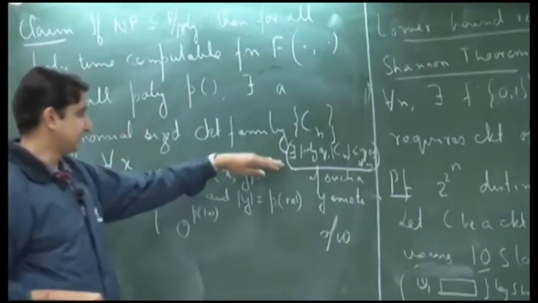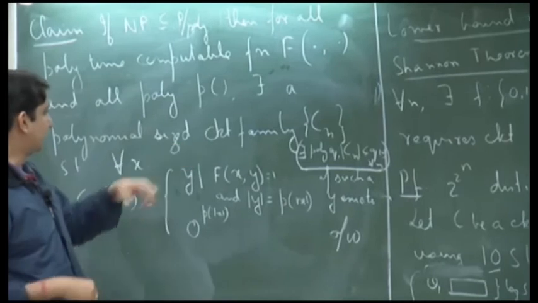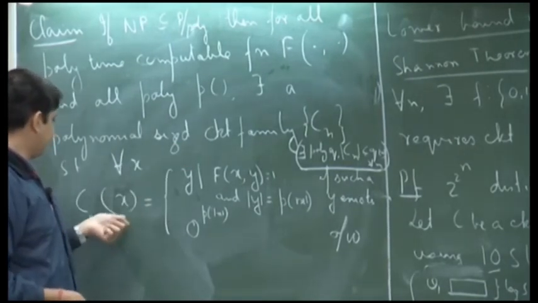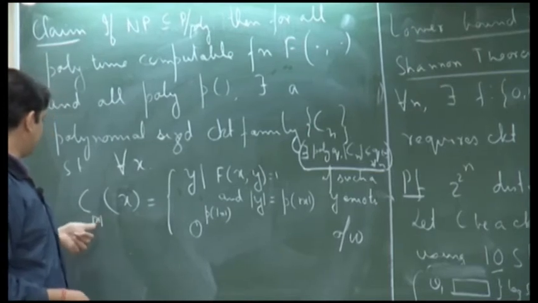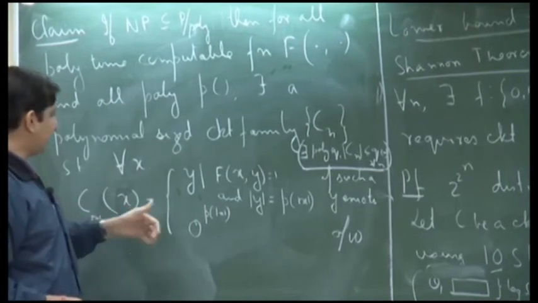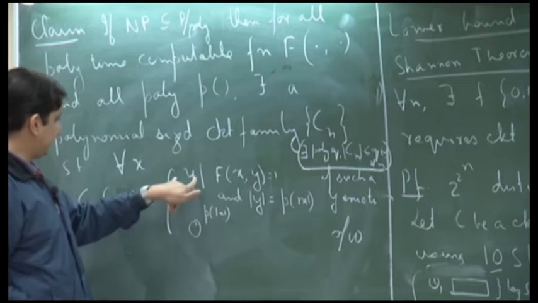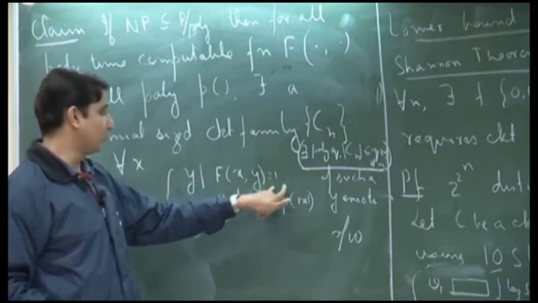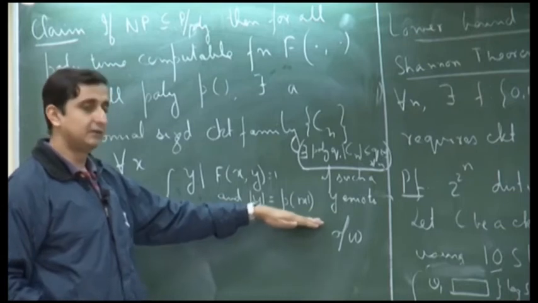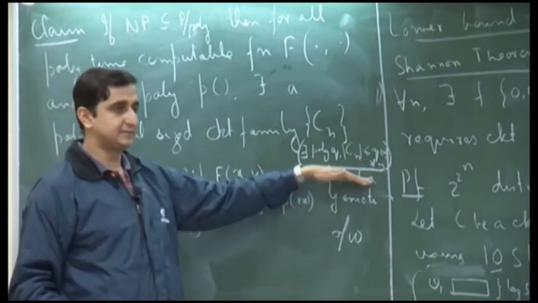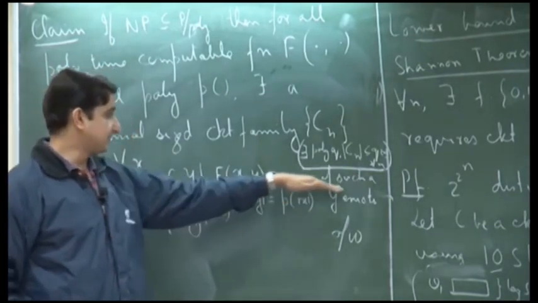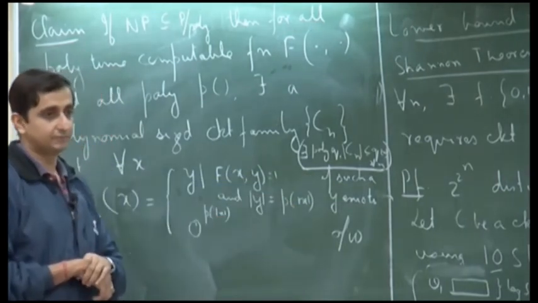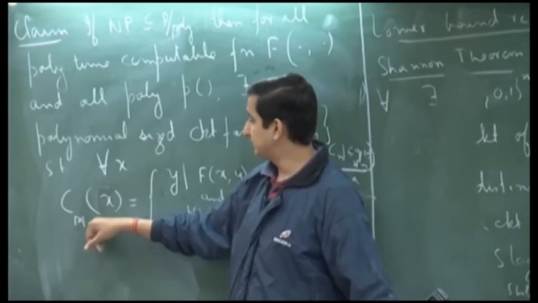This is just another way of saying that there is a polynomial sized circuit family with the property that, given any x, if you run the appropriate circuit on that input x, it will output a y such that f of x y is equal to 1 and y has length p of x, if such a y exists. If such a y does not exist, then it will output a string of p of x many zeros. Input to this is x.